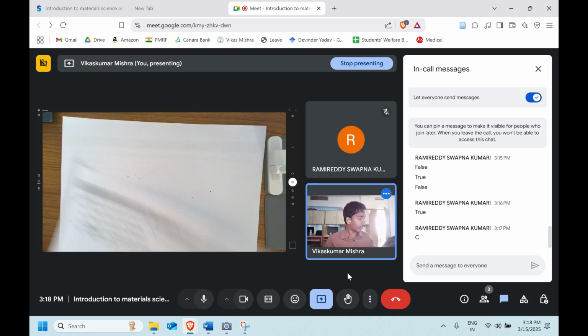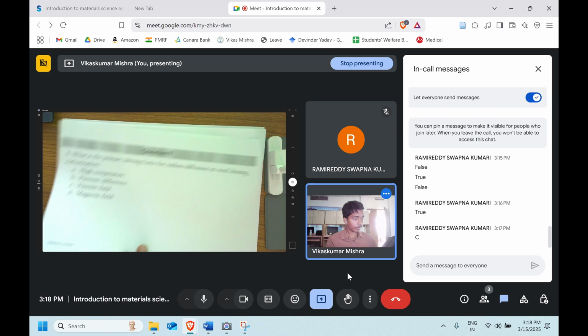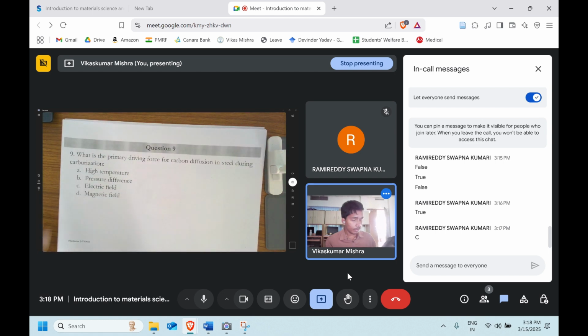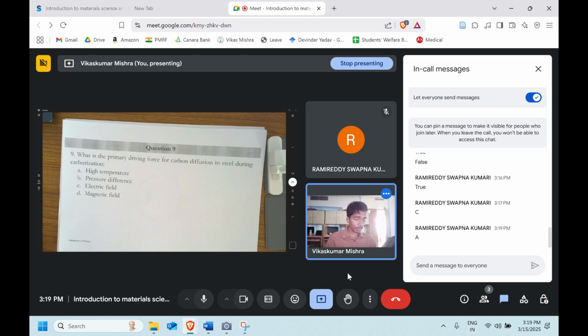Okay, let's move ahead. Let's go to question number 9. What is the primary driving force for the carbon diffusion in the steel during carburization? Carburization is a process where we diffuse the carbon within the steel to increase its strength and hardness.